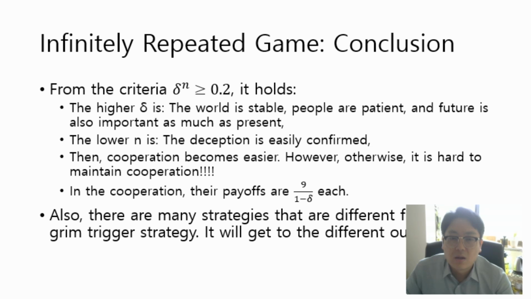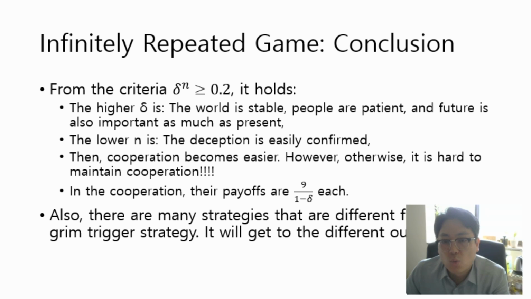The higher delta is, right? Higher delta is, this left-hand side term gets higher so that it's more likely to hold this inequality. And think about that. What does it mean, higher delta?